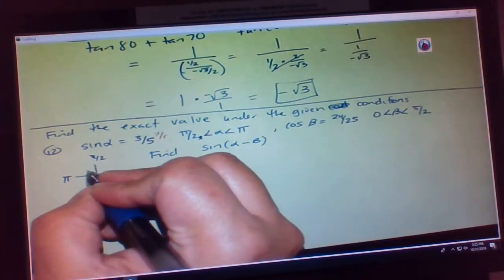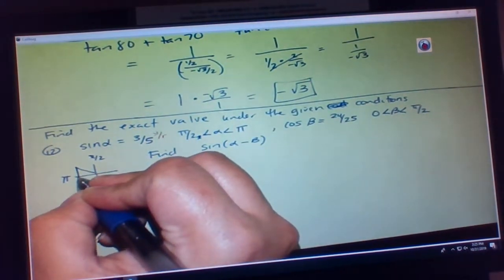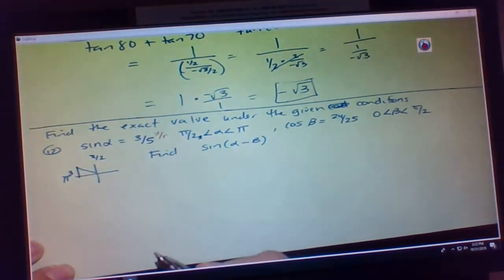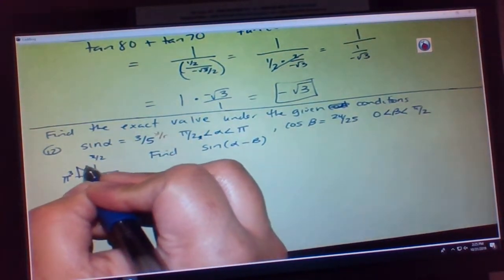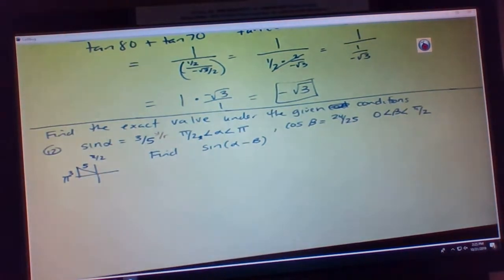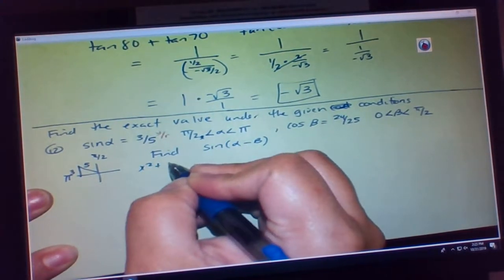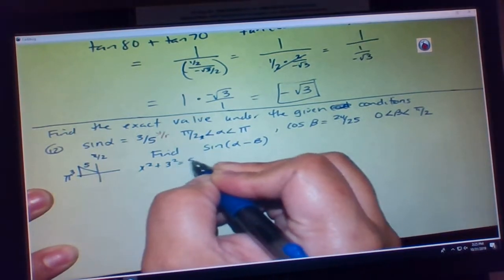I am drawing my triangle here. I know that my y is 3, and I know that my radius is 5. But I'm still looking for my who? The x.